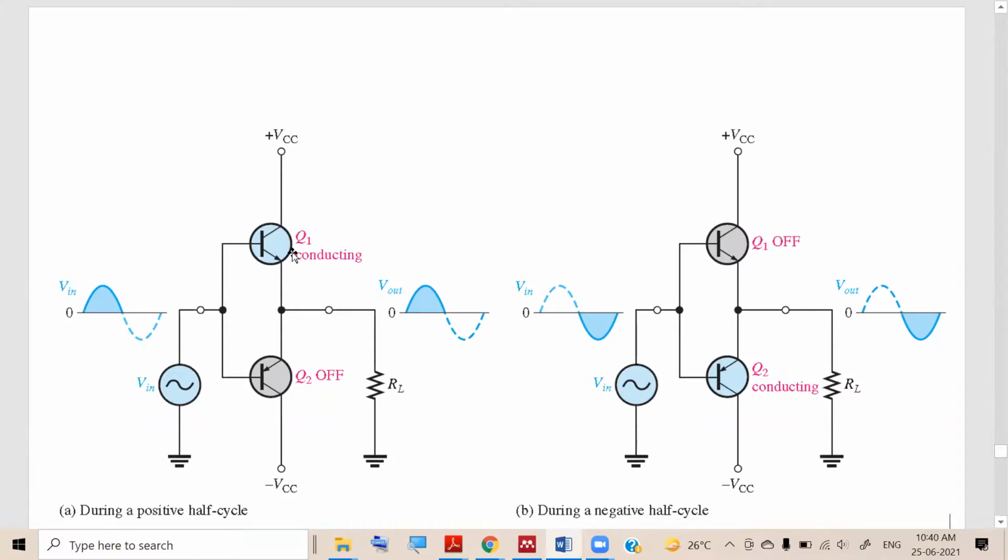So what is the average value of a half wave rectified signal? Half wave rectifier, full wave rectifier, have you studied? Yes, students.